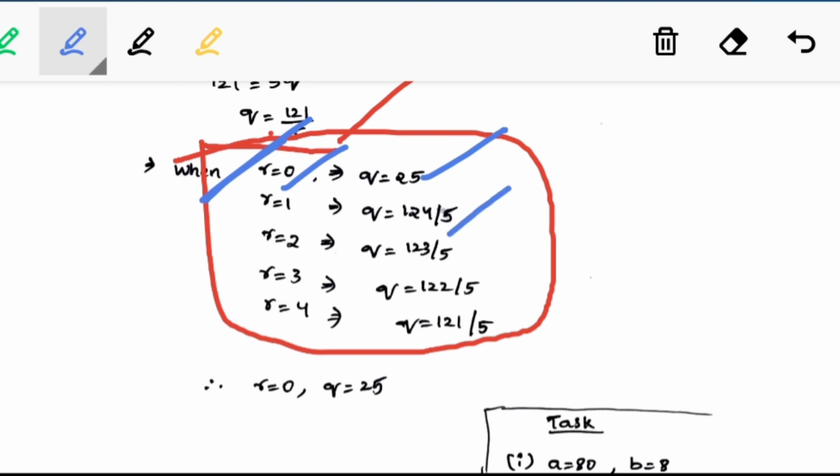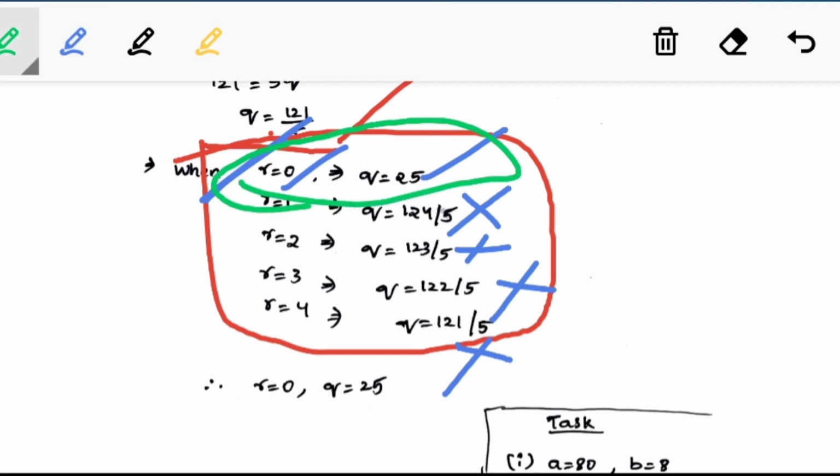But q equal to 124 by 5 is not an integer, so we need to exclude it. 123 by 5 is not an integer. 122 by 5 is not an integer. 121 by 5 is also not an integer. So the final answer is r equal to 0 and q equal to 25. This is the final answer for a equal to 125 and b equal to 5.